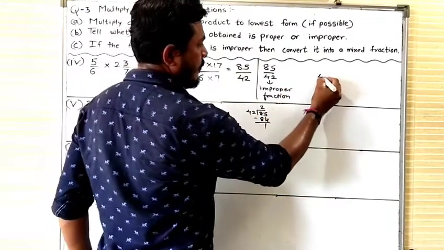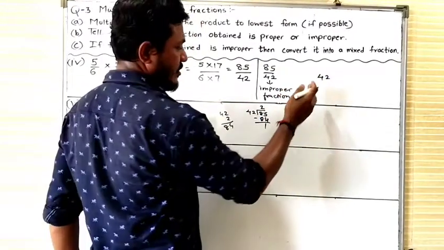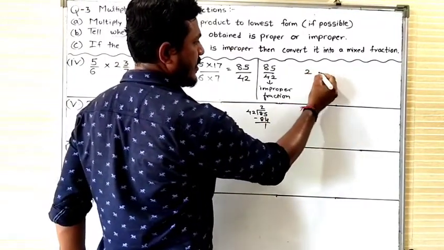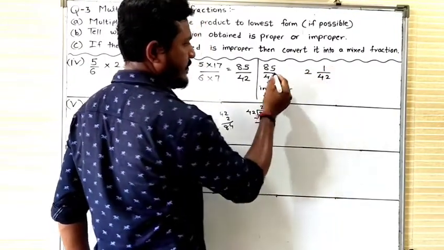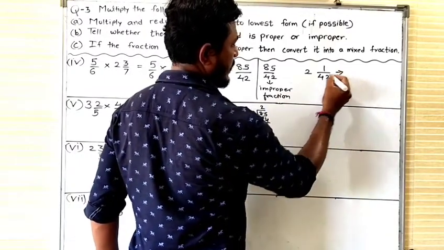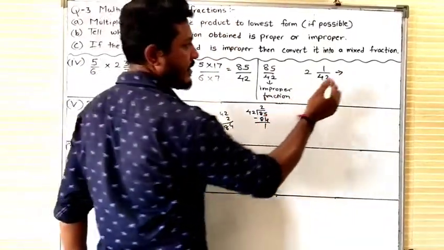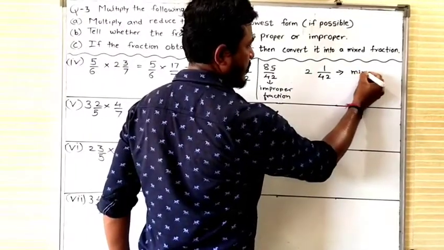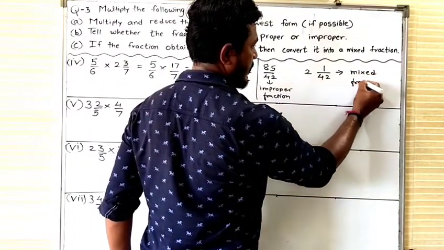What we will write? 42 as it is, as I told you, in the denominator. 42 2s are 84 plus 1 gives 85. That is an improper fraction, converted into a mixed fraction.